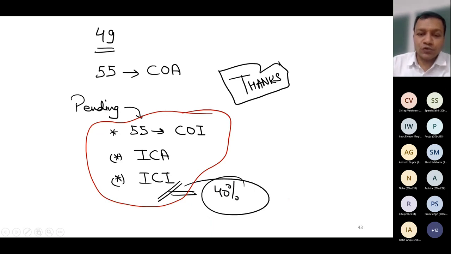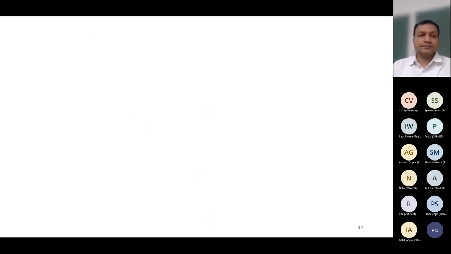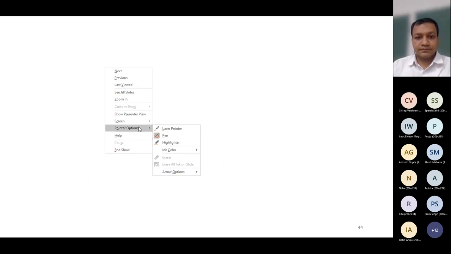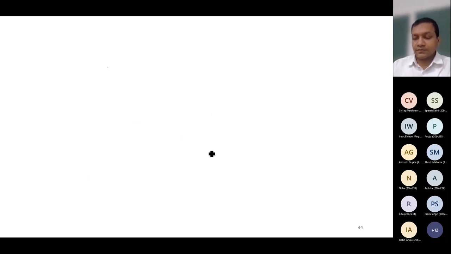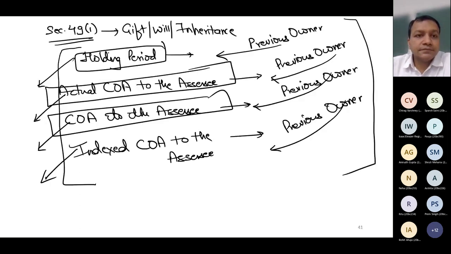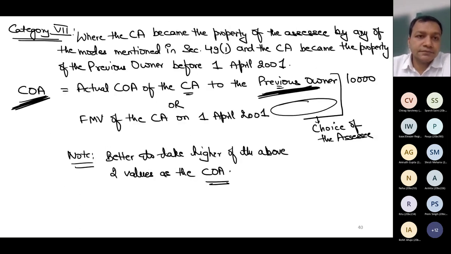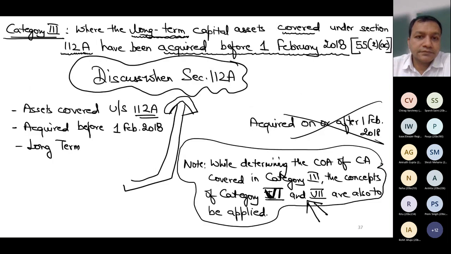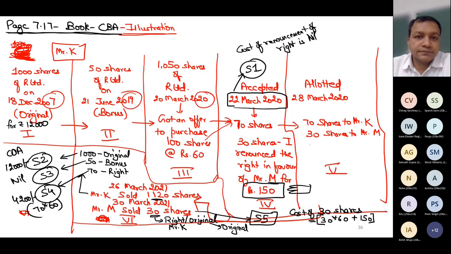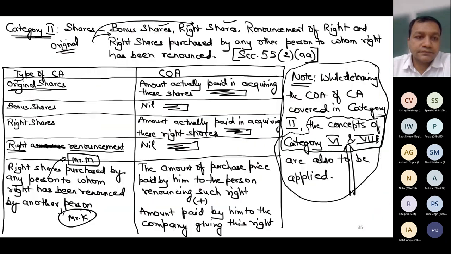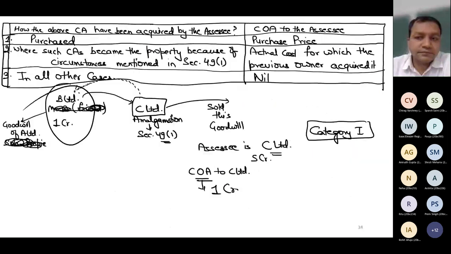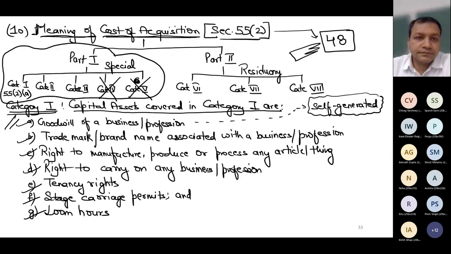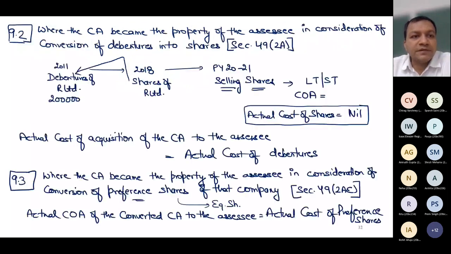So let us discuss now cost of improvement. Let me give it a heading number.